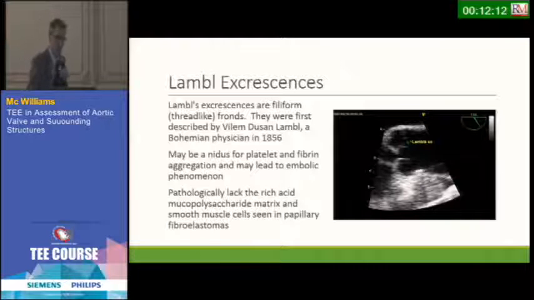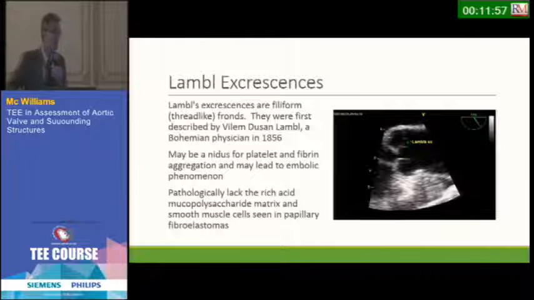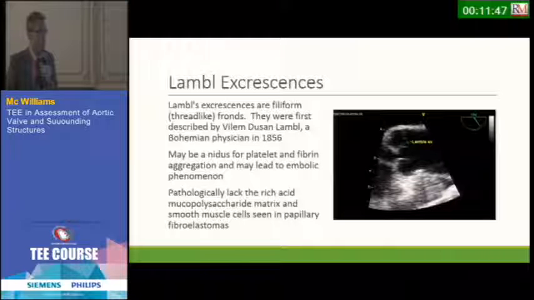Lambl's excrescences, yeah. First described in 1856 by Dr. Lambl. These are usually considered benign, but they may be a nidus for platelet and fibrin aggregation. And there are cases of embolic phenomenon. Sometimes they can grow very big. They're usually on the aortic valve, but they have been described on other valves as well. Pathologically, they're different to fibroelastomas.